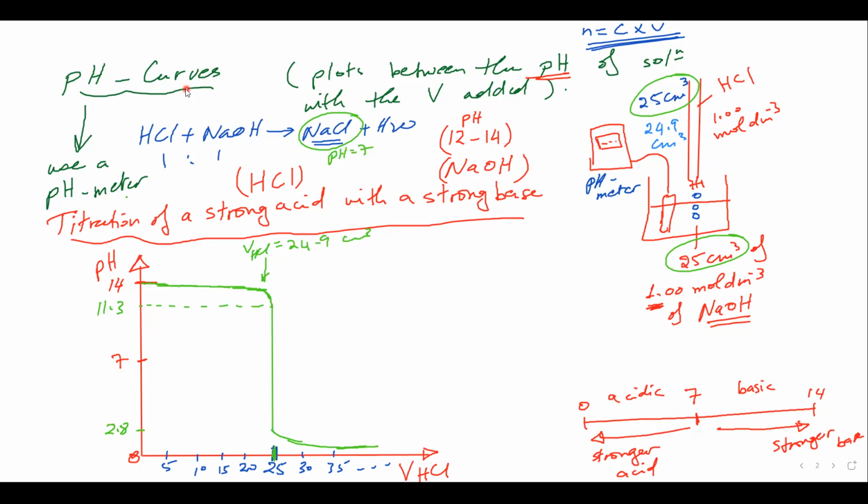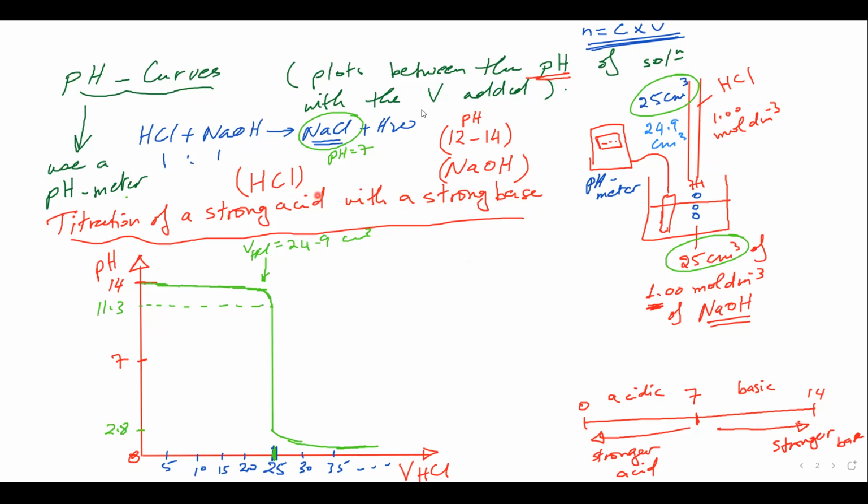So in order to determine which indicator to use, scientists started to draw the pH curves so that we can find out which indicators are available for us to use during any titration. So we started the titration of a strong acid with a strong base.